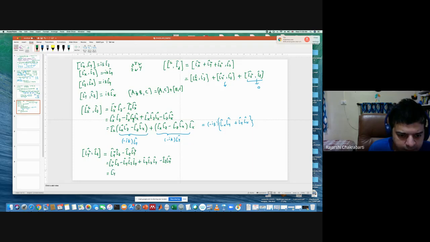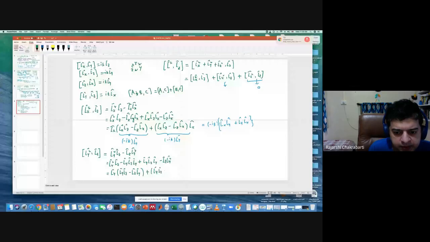What am I going to get here? If I take Ly common, I'm going to get Ly (Lz Ly minus Ly Lz) plus (Ly Lz minus Lz Ly) into Ly. What about this again? This one, now YZ means this is i h cross Lx.